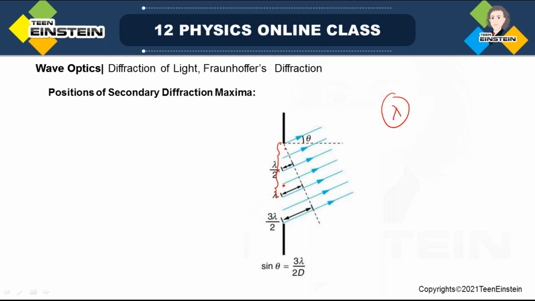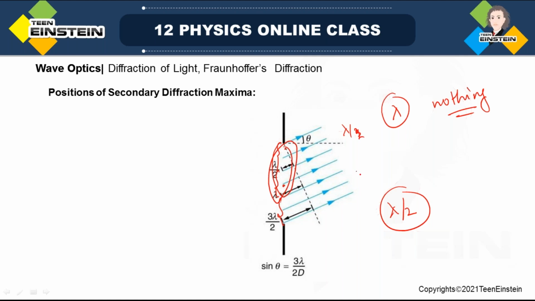That means whatever light goes from these two portions, they will give nothing. And see the remaining lambda by 2 portion, this particular third portion: you have lambda by 2, then this is lambda, and this is 3 lambda by 2.